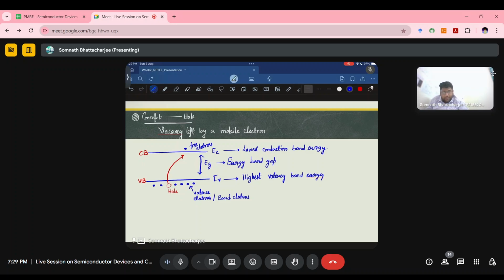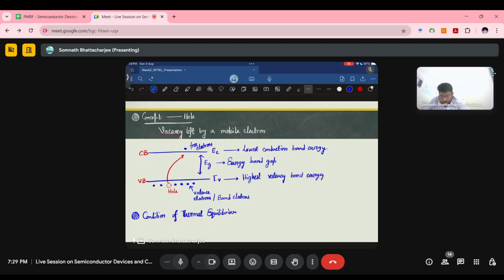So this is the concept of hole, whereas we already know the concept of electron and also the protons. Based on this, we have also learned about the condition of thermal equilibrium.